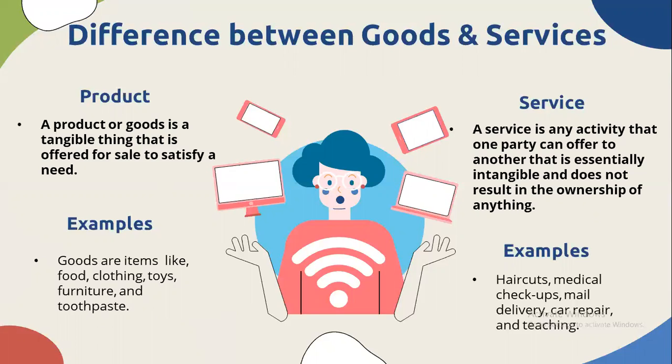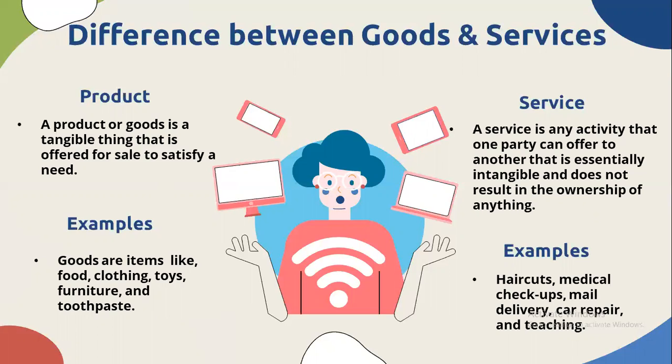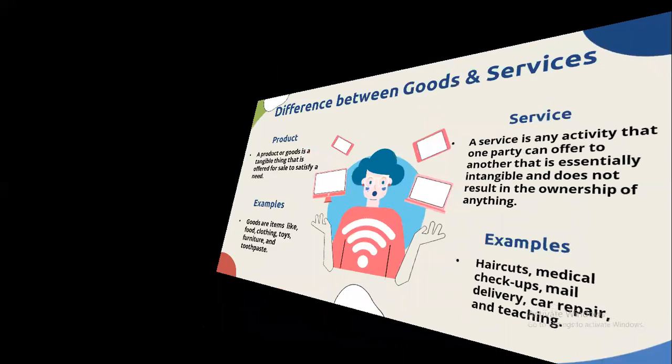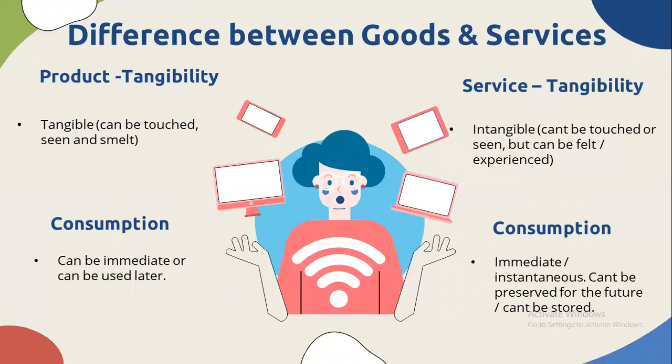Examples of products are food, clothing, toys, furniture, toothpaste. Examples of services: you go for a haircut or a medical checkup, a mail delivery, a car repair, and teaching. Now, when I say a product is tangible, it can be touched, seen, or smelled, which I cannot do in services.